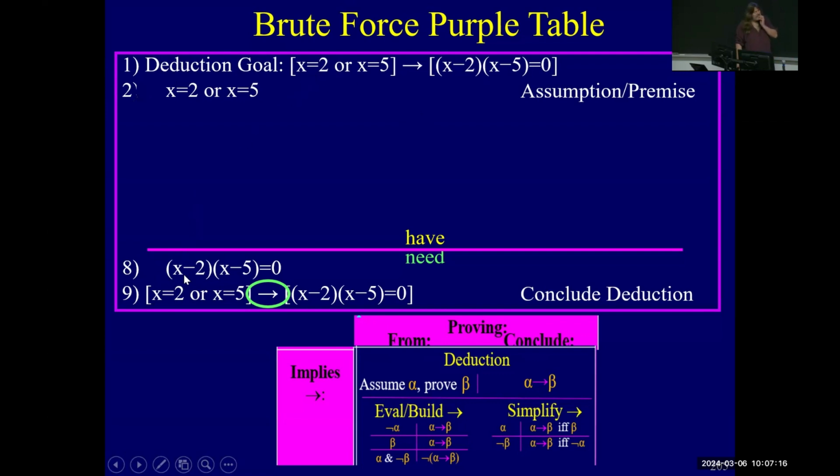Down here at the end, I'm going to conclude with the right-hand side. You'll note I haven't said how I obtained this right-hand side, because I don't know yet. It's something I need. But we do put in this line. This line was proved by concluding the deduction. Everybody buy that? You can just put all that stuff in.